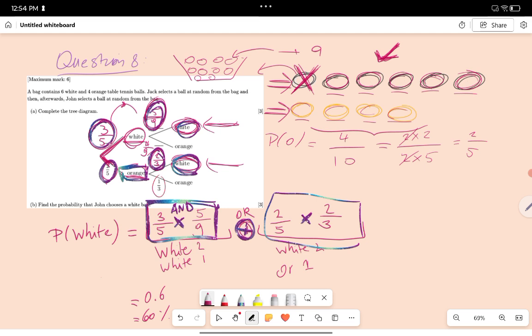And then if you want to compute a probability like this, you have to look at the options, like the kind of events that are possible to get there. You have to add them up because there are two options, so it's or. And we have to multiply the probabilities within one event because both things need to happen. So basically, this is and this is or in probability. Okay?